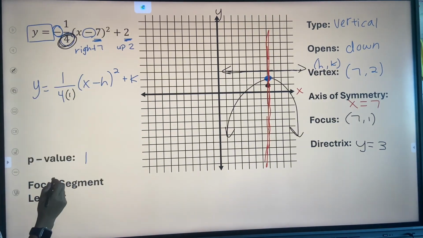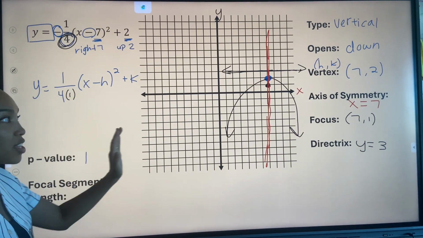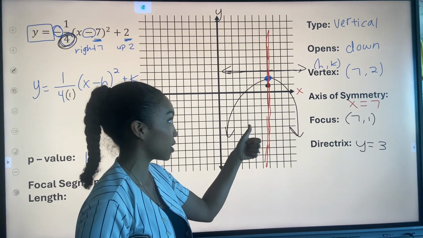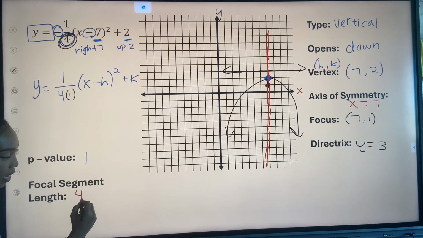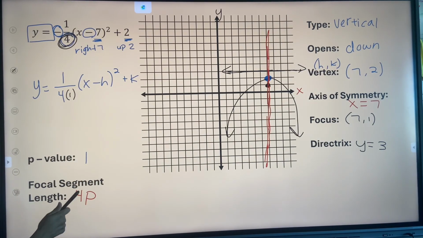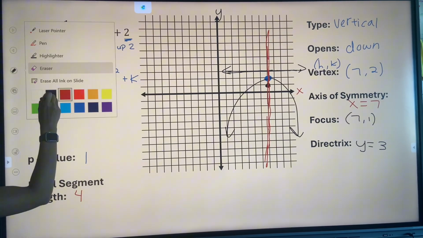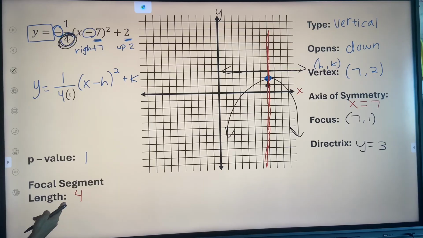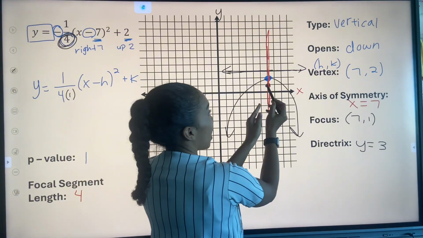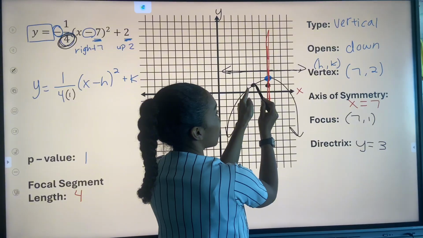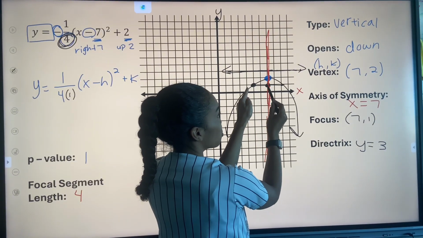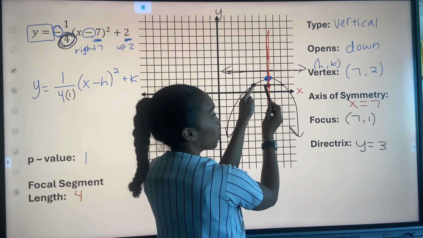Now, let's talk about the focal segment so we can draw this parabola perfectly. Remember, your focal segment length is 4 times the p-value. You guys told me that the p-value is just 1. So 4 times 1 is just 4. That means the line that goes from one end of the parabola to the other end of the parabola that passes through the focus has to have a length of 4.